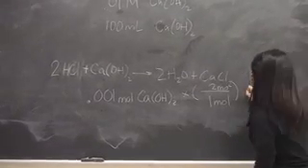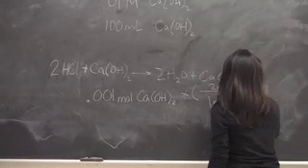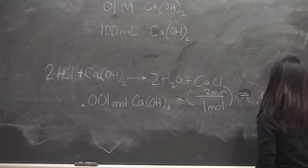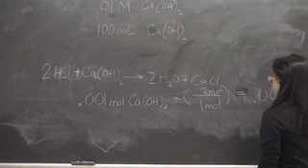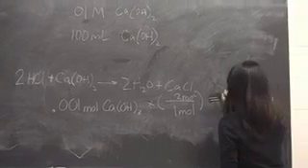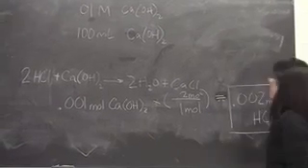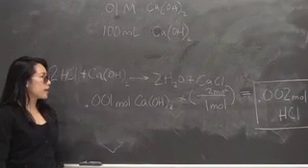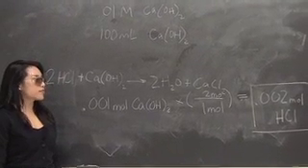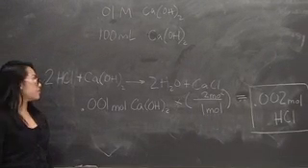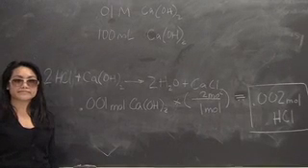When we multiply that out, we find that there are 0.002 moles of HCl. So now we know that 0.002 moles of HCl is required to neutralize our original sample of Ca(OH)2.